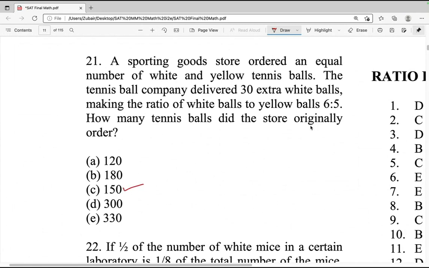Okay, waiting for the other responses. So I got 300 for some reason. Mohammed, what should I do? We have one vote.